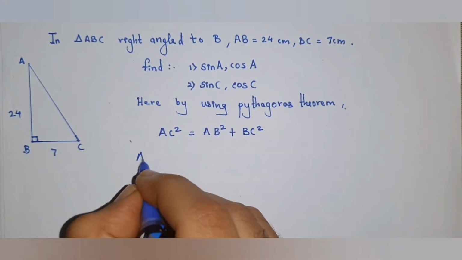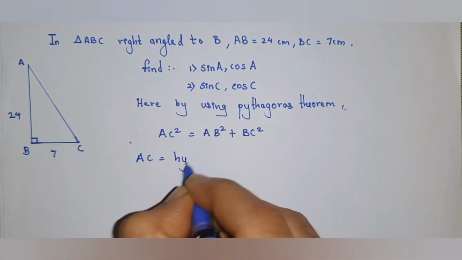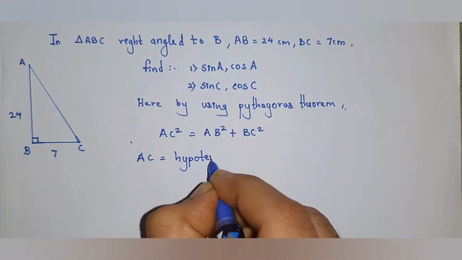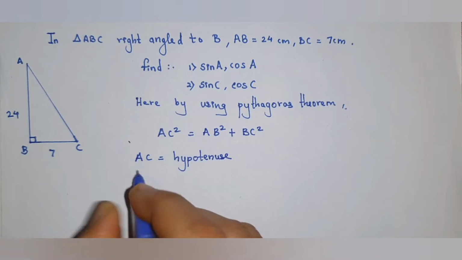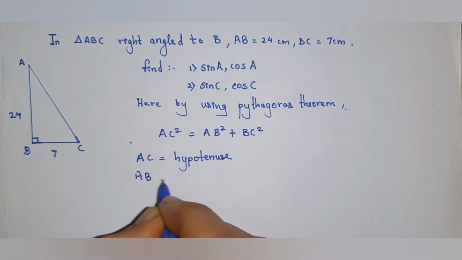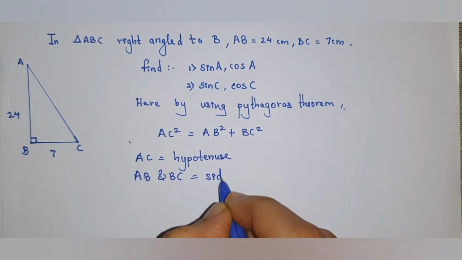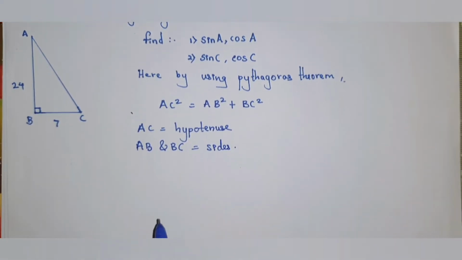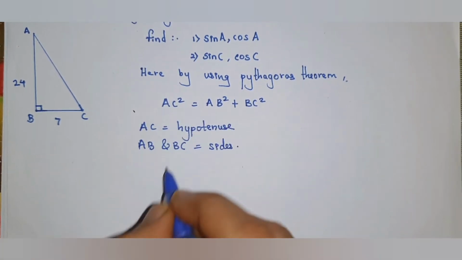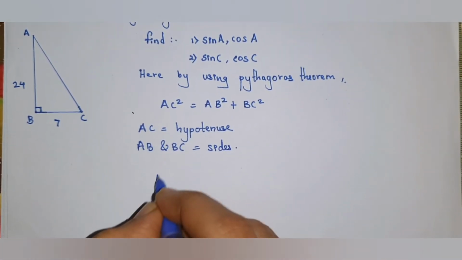Here AC is the hypotenuse, and AB and BC are the other sides. Now moving forward, we'll be calculating AC.